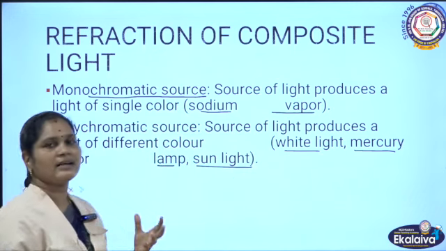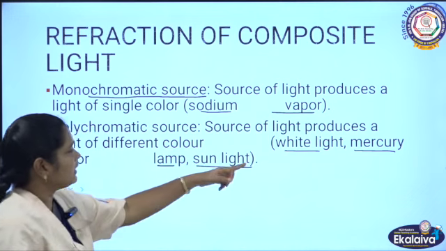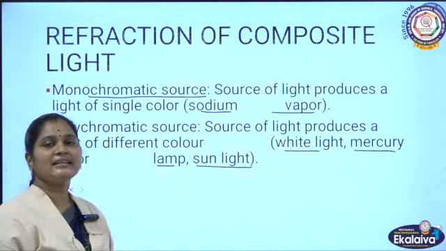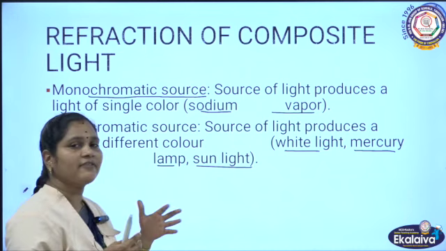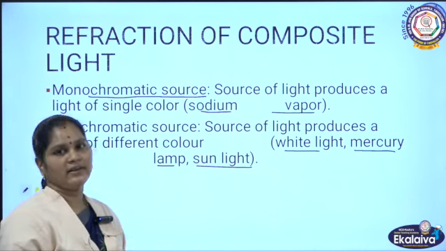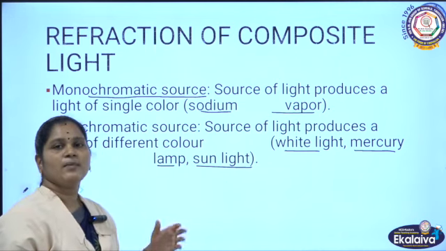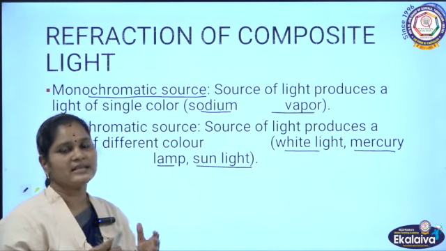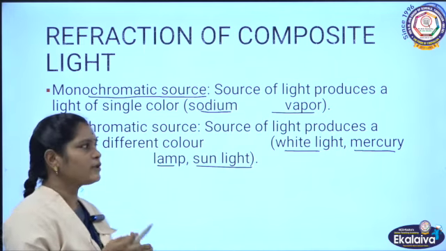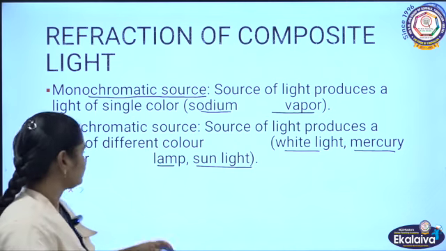An example is sunlight. Sunlight consists of composite light. It contains different colors and wavelengths. In the same way, the mercury vapor lamp is also called composite light, because it also produces different colors and wavelengths.